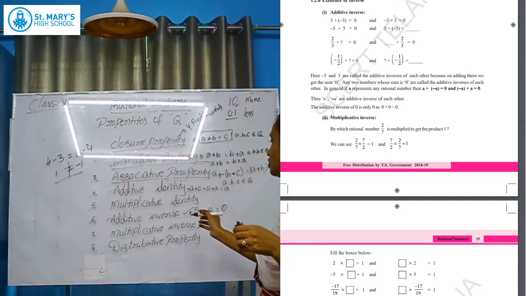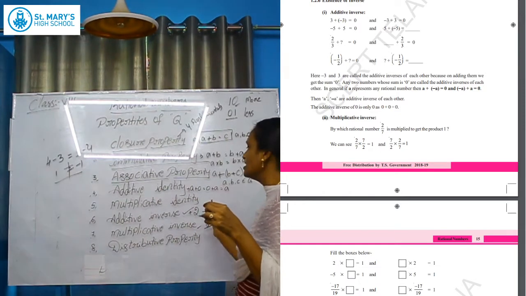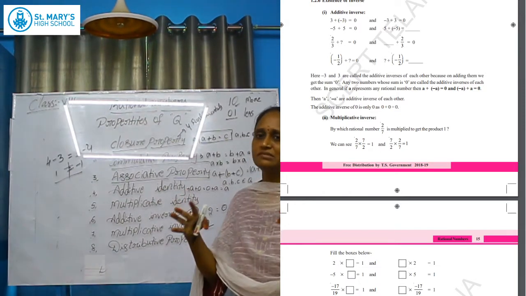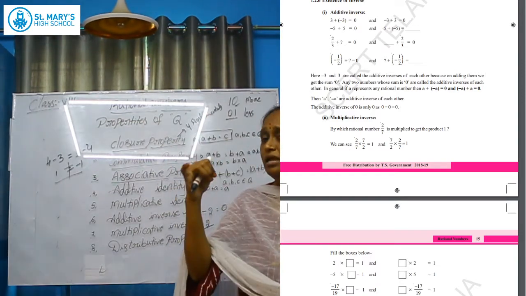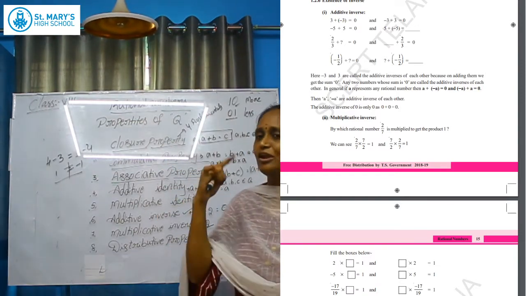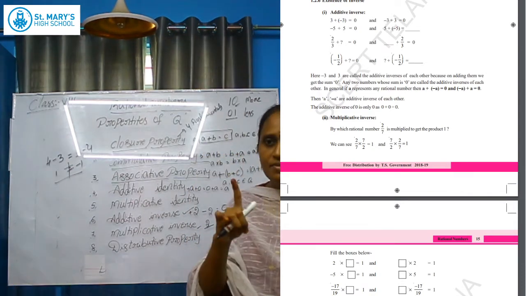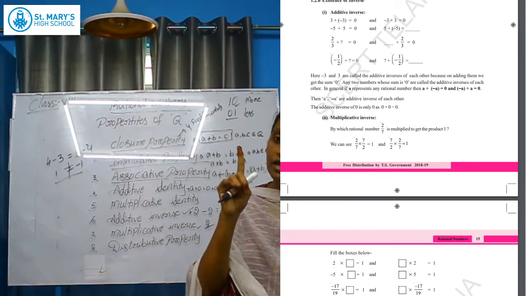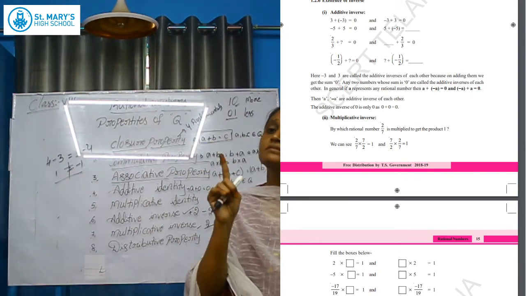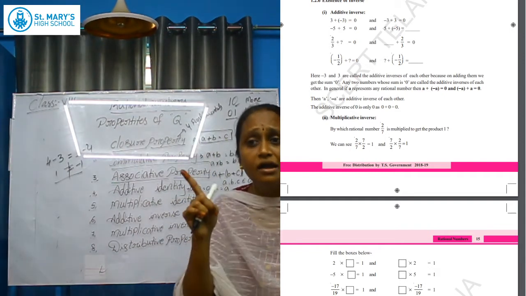Inverse in the additive case means changing the symbols. But in the multiplicative inverse we have to change the order. Remember, in addition we only change the symbols; in the multiplicative inverse we change the order.